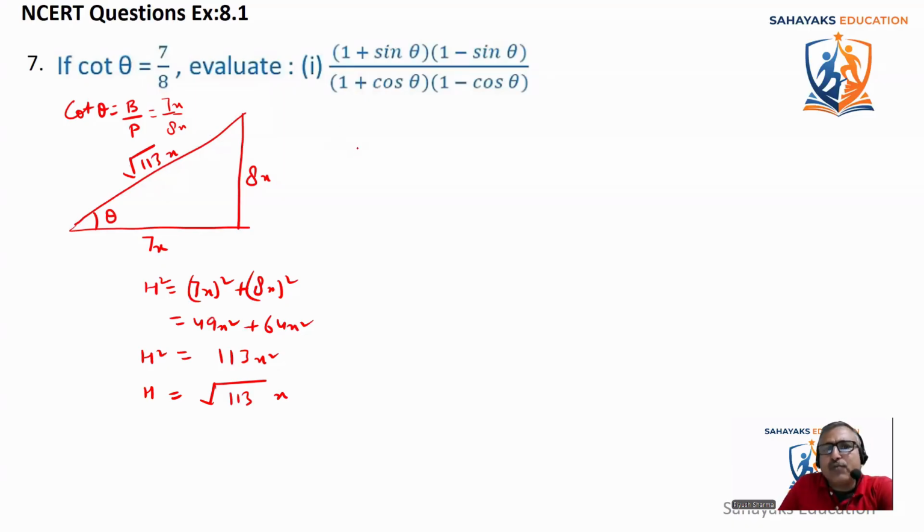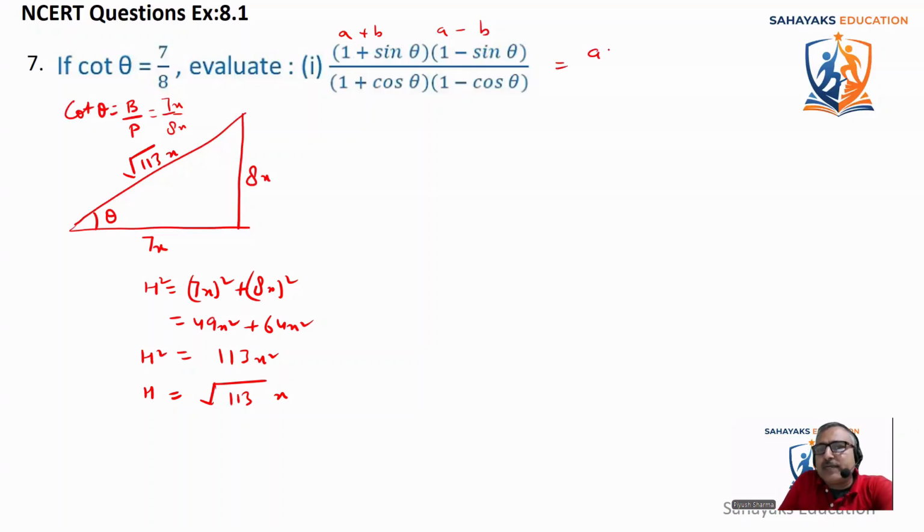Now, they want to know what is 1 plus sine theta into 1 minus sine theta, divided by 1 plus cos theta into 1 minus cos theta. Okay. So see, the question is 1 plus sine theta into 1 minus sine theta. So what is a plus b into a minus b?